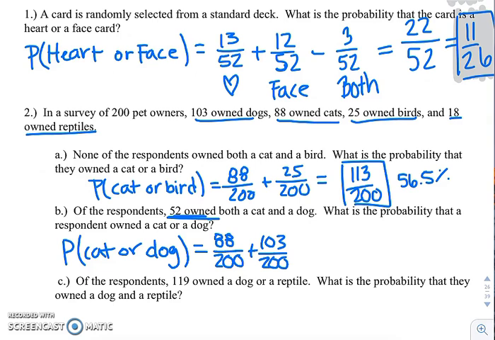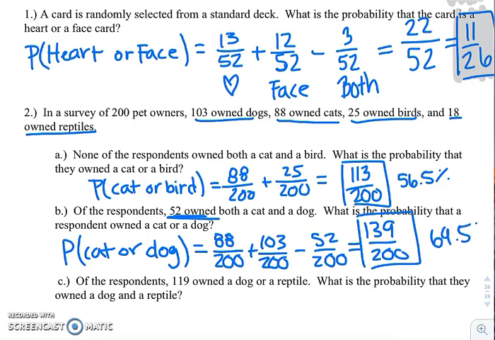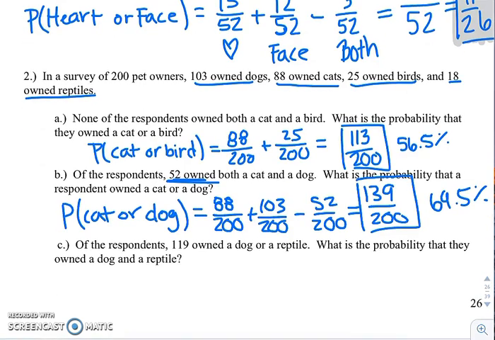So we need to subtract those 52 people. So 88 plus 103 minus 52 is 139 out of 200, which is 69.5%. So if there's overlap, subtract it. If there is no overlap, it's just A plus B, or first event plus second event.